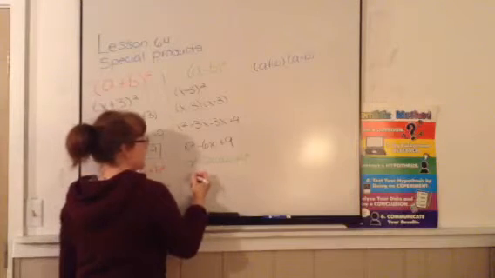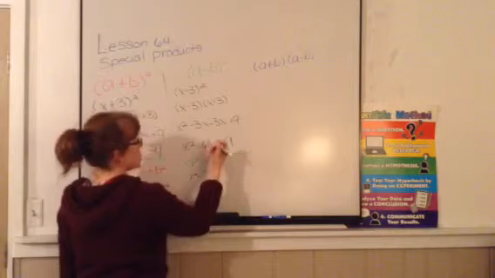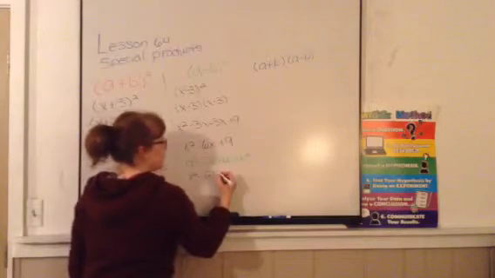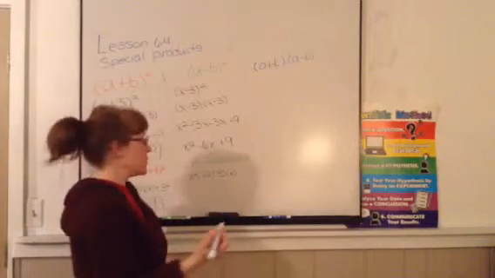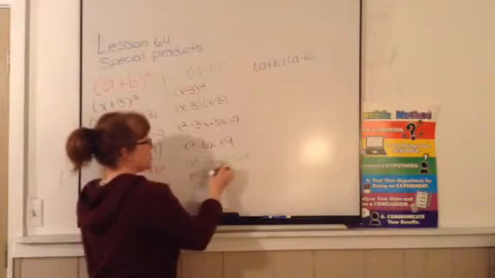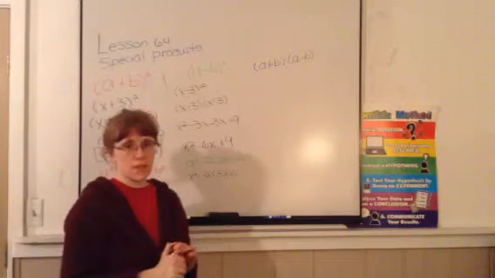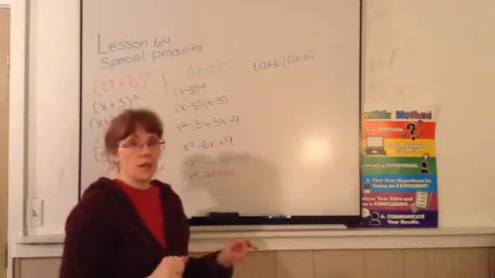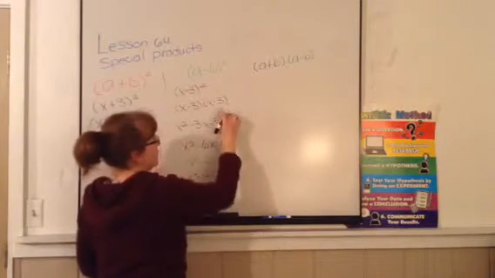So my a is an x, so I have x squared minus 2 times a and b, so I'm going to go 3 and x. We can multiply in any order. So instead of putting in 2 times x times 3, I'm just going to switch these. It's a lot easier to see, and we can multiply in any order and get the same answer. And then I have plus b. My b is 3.